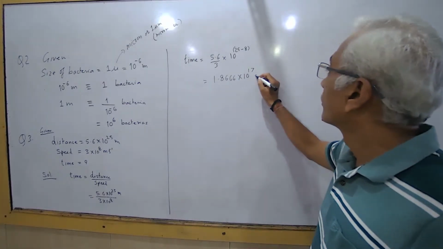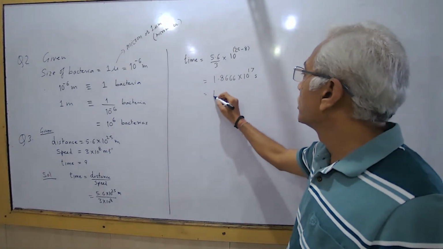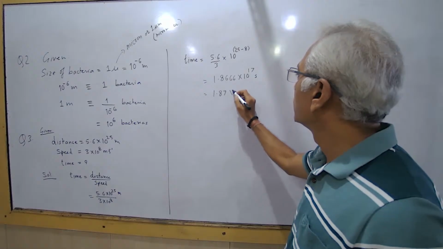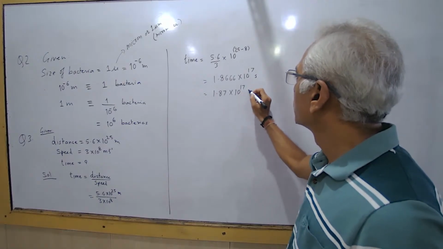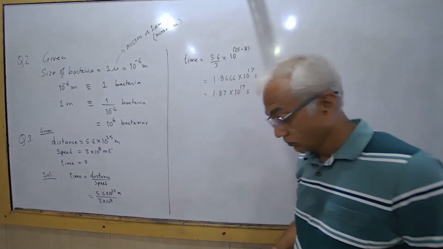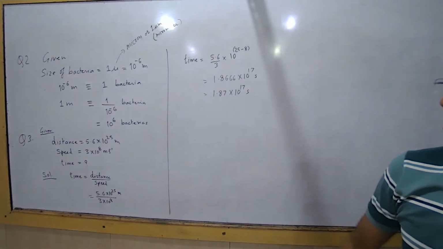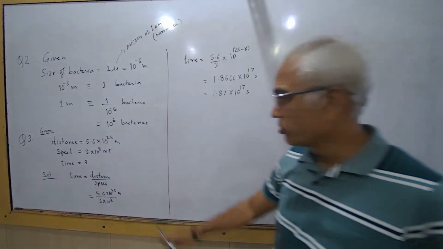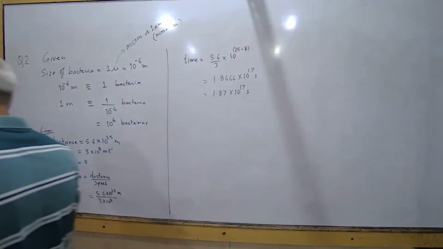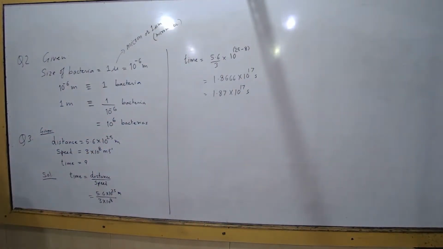So this is 1.87 into 10 raised to 17 seconds. Okay, so this is plain use of the formula for speed.